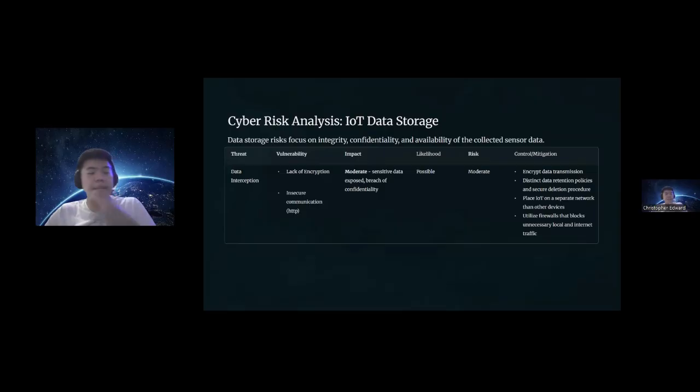The impact here is moderate, but it could still be significant since it could compromise confidentiality and also data integrity. The recommended controls include encrypting data transmission, placing IoT devices on a separate network, implementing firewalls, and defining a strict data retention and deletion policy to limit exposure.